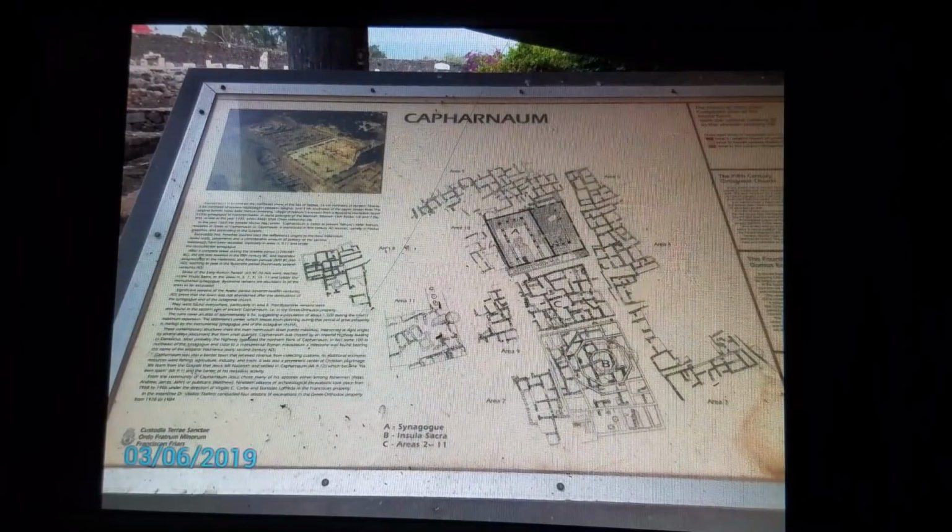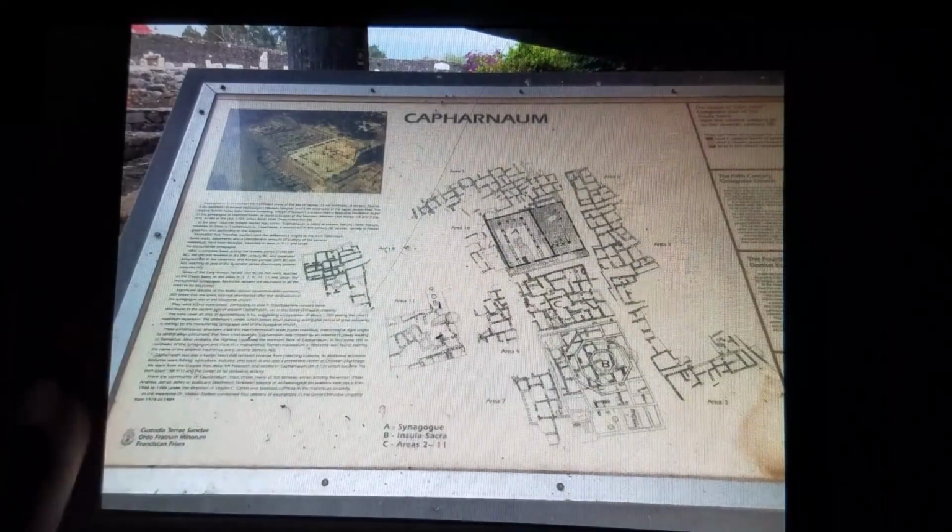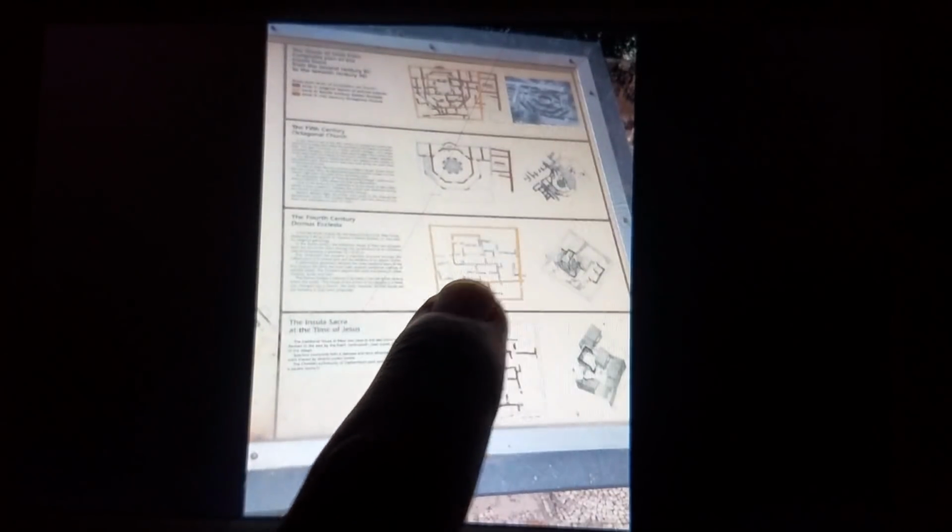Now, this is one place I encourage any of you, if you ever had a chance to go to Israel. Of course, you'll go to Jerusalem, but definitely go to Capernaum. Now, this is a map of the ruins of Capernaum, and they believe where Peter's house was. And the reason I'm showing you this is that there are various layers of ruins in Capernaum, and they believe this is actually Peter's house.